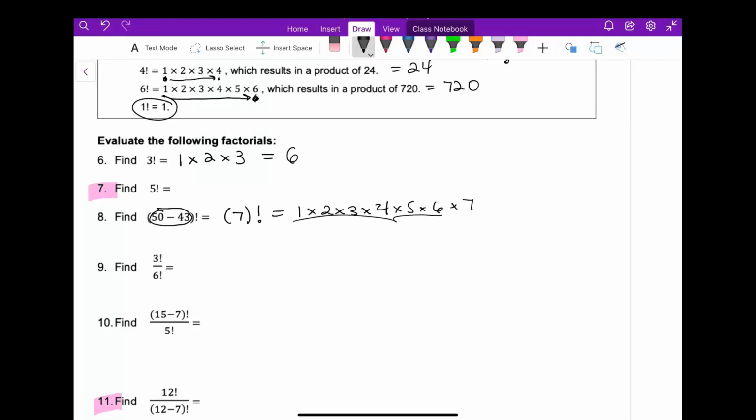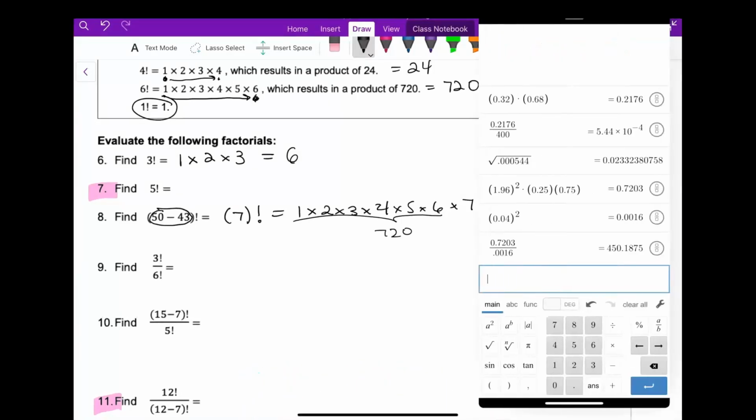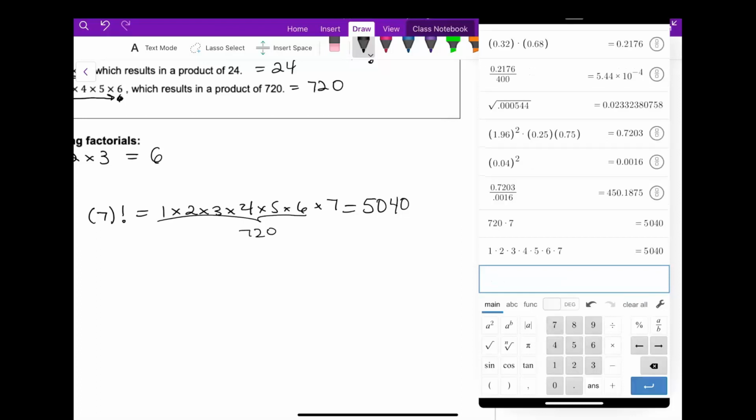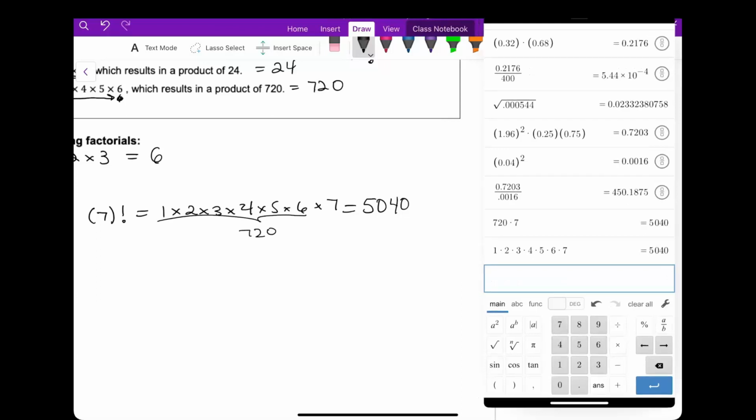From 1 to 6, I knew the answer was 720. So now I'm just going to bring out my calculator and multiply 720 times 7. Now, how did I know? It's because it's in my example, right? And I just didn't want to type in all of those things. If you didn't know that, just come in and type 1 times 2 times 3, and you've got it.